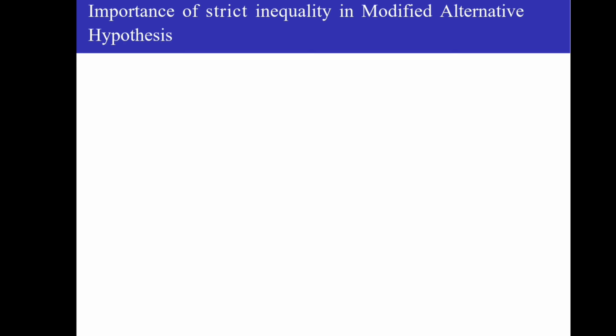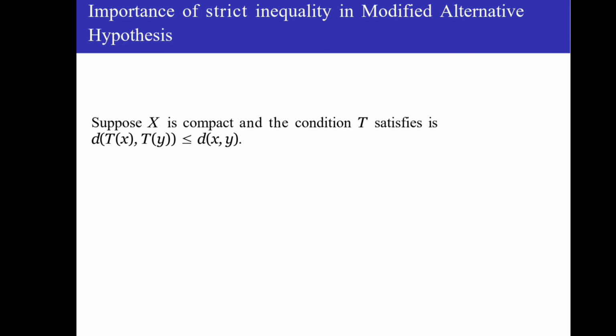Now, even in the modified alternative hypothesis, we had said that the distance between t of x and t of y has to be strictly less than the distance between x and y if x is not equal to y, right? Now let's check if we can relax this strict inequality and allow less than or equal to. So suppose that x is compact and the condition that t satisfies is the distance between t of x and t of y is less than or equal to the distance between x and y.